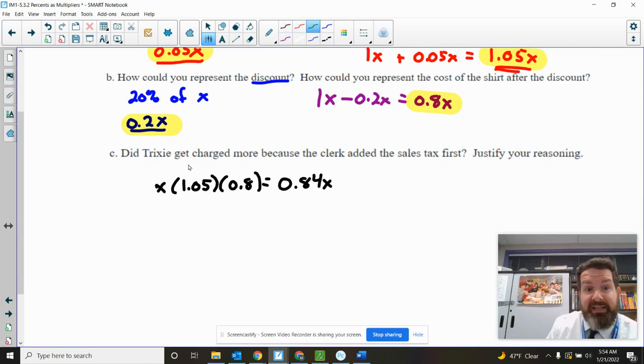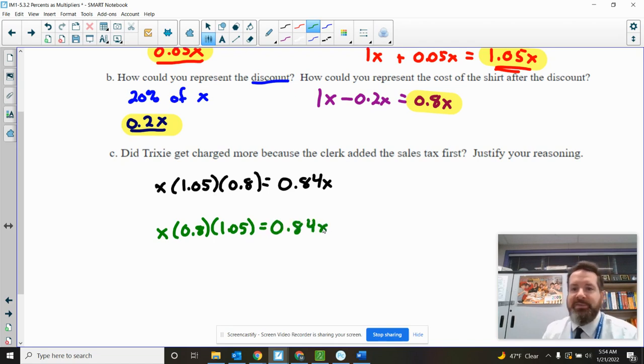What if we did the calculations in the reverse order? So if we took the original cost, decreased the price, and then added the tax on. Well, it's the same calculation, right? Order of multiplication doesn't matter, so we end up in the exact same spot.